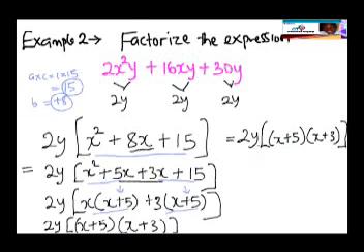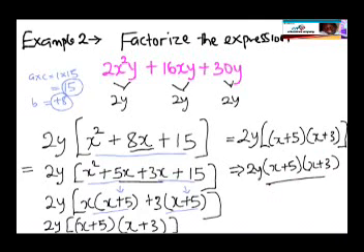It's like saying 2y times everything in the bracket, and this can be expressed as 2y, x plus 5, x plus 3. Either way, they are multiplying themselves out, so this is my final answer.